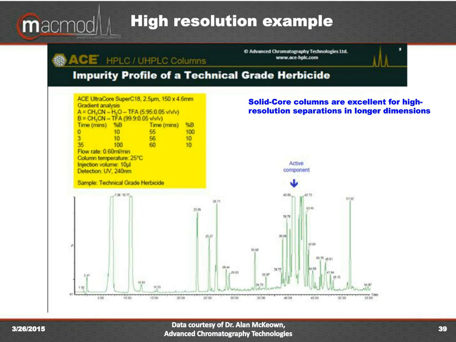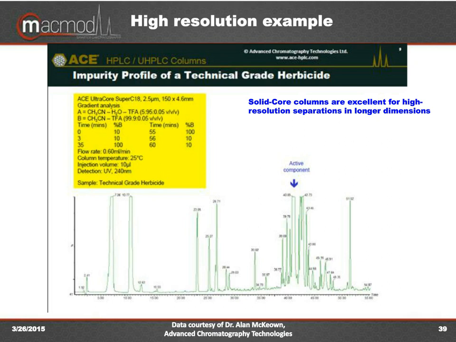This shows the power of what you would ordinarily think is a pretty weak column in terms of resolving power size, a 4.6 by 150, but this has 2.5 micron particles, and columns like this size in a 150 length in this particle and in this solid core material can deliver efficiencies ranging from probably 30,000 plates to 40 plus thousand plates, and really work well even as a single column in an impurity method.